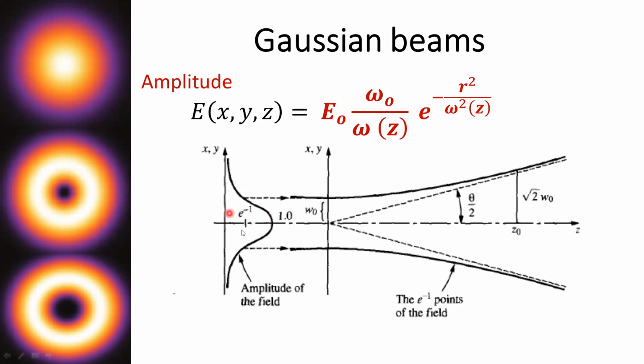This occurs when the radius, which is now the vertical axis, equals omega node. So you have a reduction by 1 over e of your magnitude value. That's very great.